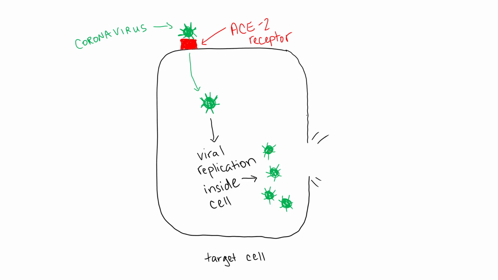And we're not just talking a couple. So here I just showed a few viruses being replicated inside the cell, but this can be on the order of 10,000 new viruses from one cell.